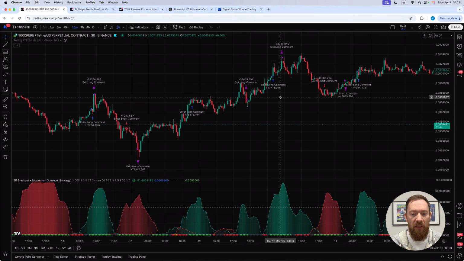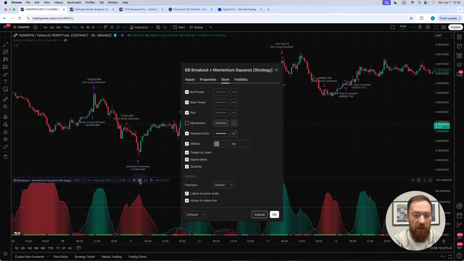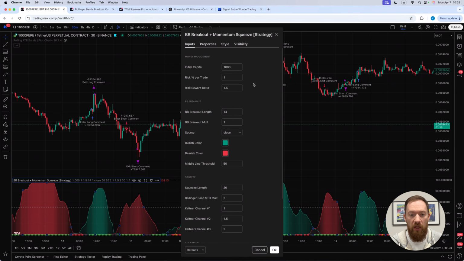So let's go back to the chart itself. This is what we eventually have at the end. We have the money management and risk management block: the initial capital in dollars, the percentage of risk per trade, and the risk reward ratio.